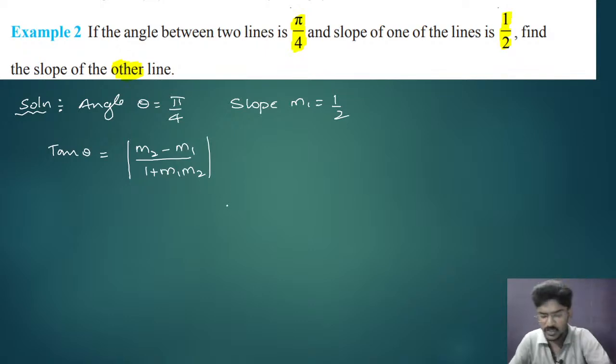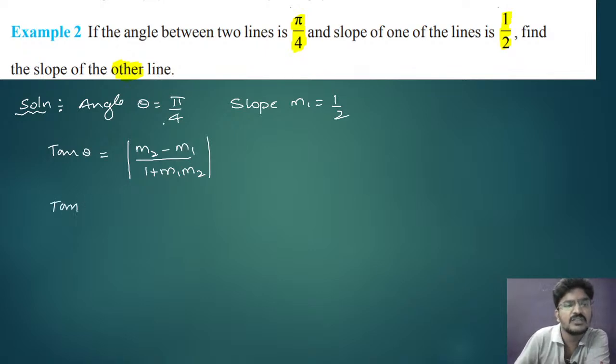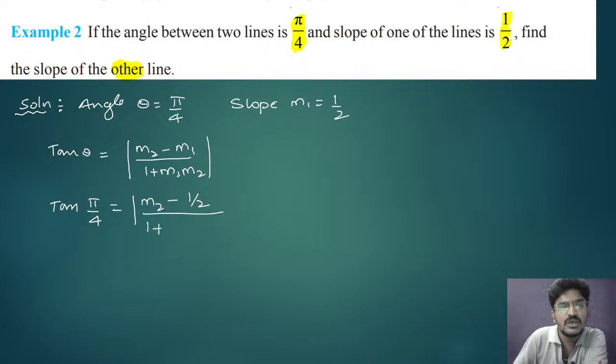Using this, we have to find our required answer. So tan theta is tan of pi by 4, mod of m2 minus m1, where m1 is 1 by 2, divided by 1 plus m1, which is 1 by 2, into m2, that is m2 by 2.